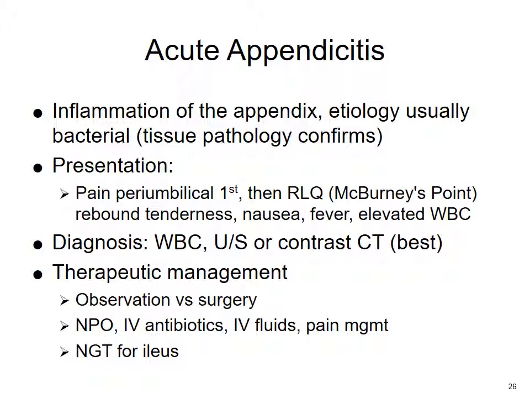They're going to be receiving IV antibiotics, IV hydration fluids, and pain management. After surgery, the main thing we're looking to see is that they're passing gas, they're having bowel sounds, and that they're able to tolerate ice chips. Once they're doing these things, then we can slowly advance the diet and discharge them home.